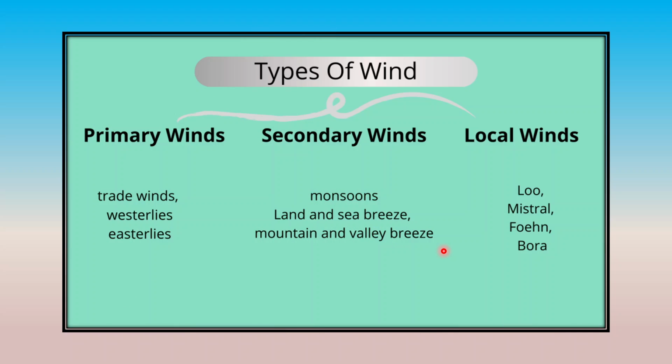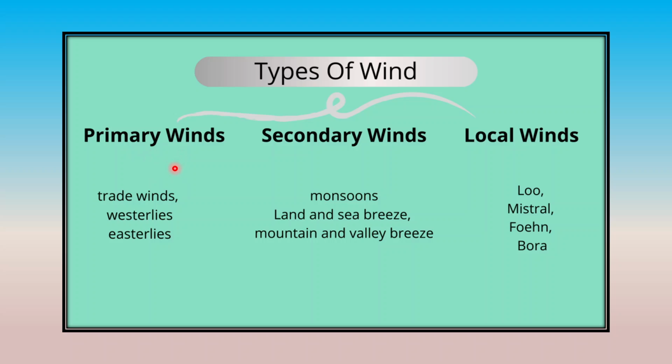Now, since we are learning about winds, we have to learn about primary winds, secondary winds, and local winds. But in this video, we are going to concentrate only on the primary winds or the planetary winds.